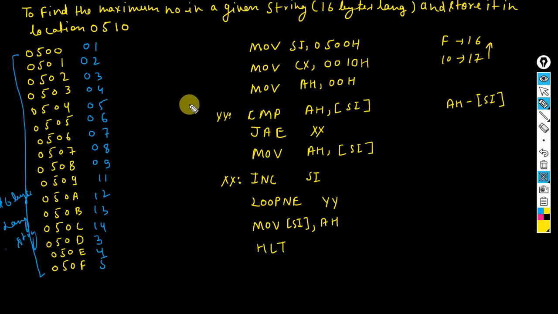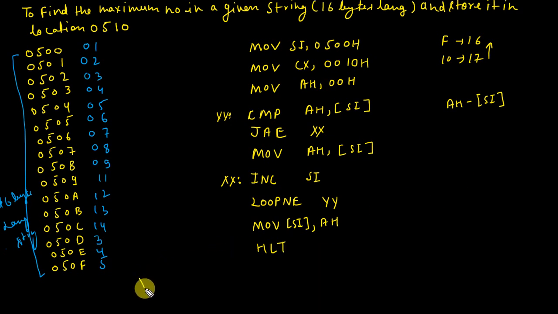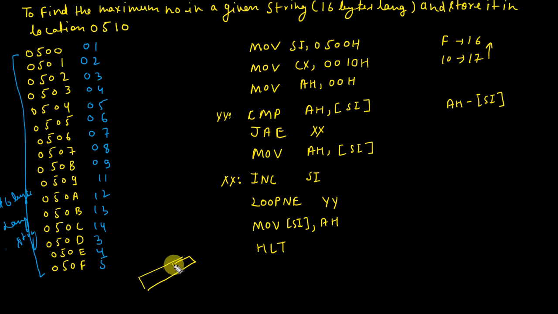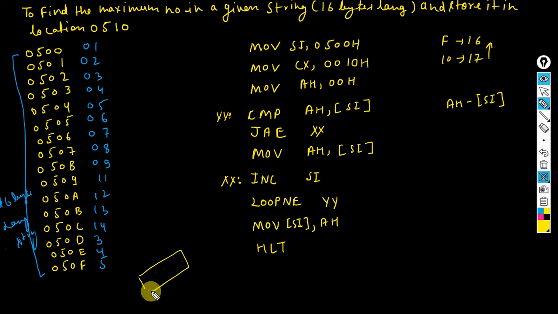To start with the first number, when we execute MOV SI, 0500H, our source index address changes to 0500. This is your SI.